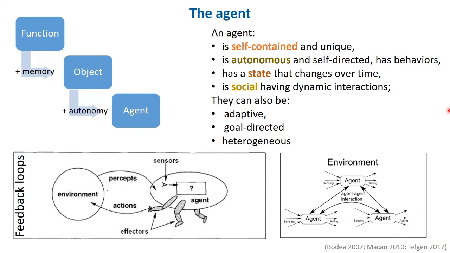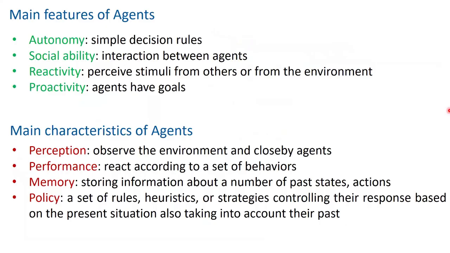And then they have some autonomy, some rules for how they decide, based on what they sense and their internal states, what kind of actions they take. The main features are autonomy, social ability, reactivity, and proactivity. Also perception, performance, memory, and some rules or policies that they follow.